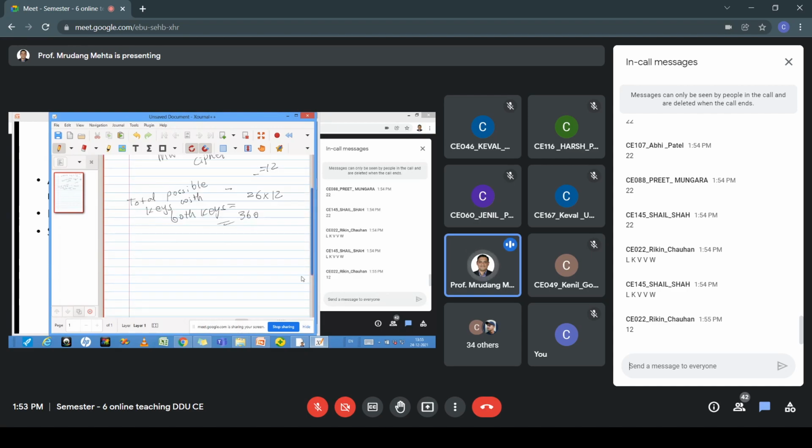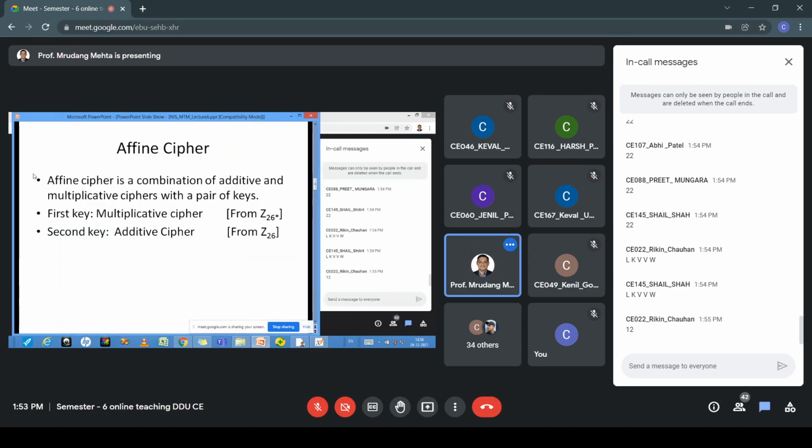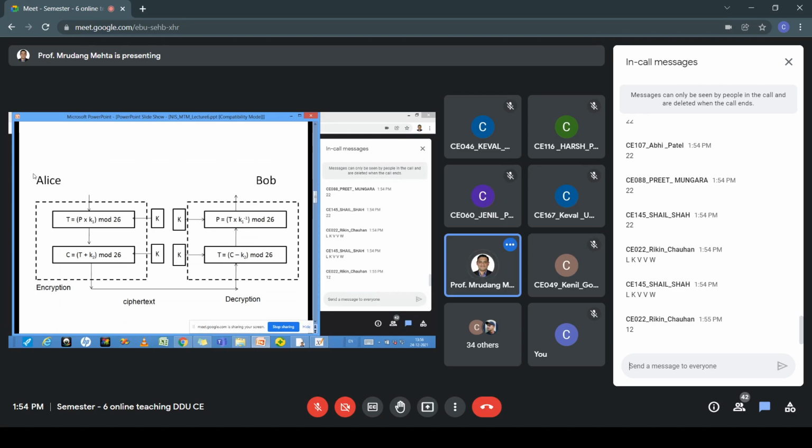Because in the affine cipher, we use two keys, K1 and K2. The first key is from the multiplicative cipher, having 12 possibilities, and the second key is from the additive cipher, from Z26.